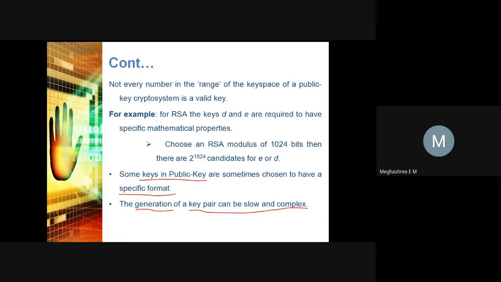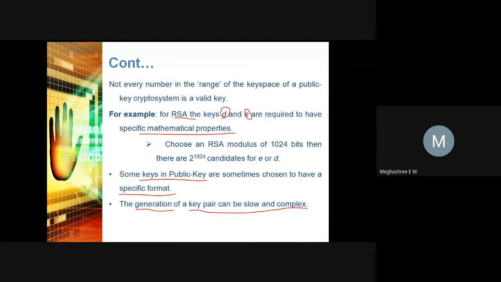Here I have considered an example, the RSA algorithm, where the private key and the public key are used to perform encryption and decryption. The keys used for D and E should have specific mathematical properties. The public key, that is E, should be in the form of a co-prime, and the private key should follow the GCD calculation.